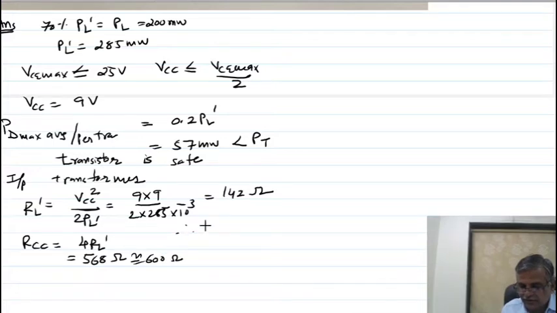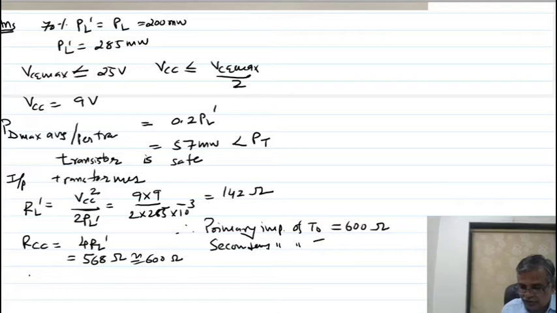Therefore, primary impedance of output transformer should be 600 ohm. Secondary impedance of TO should be of the order of RL, 4 ohm.